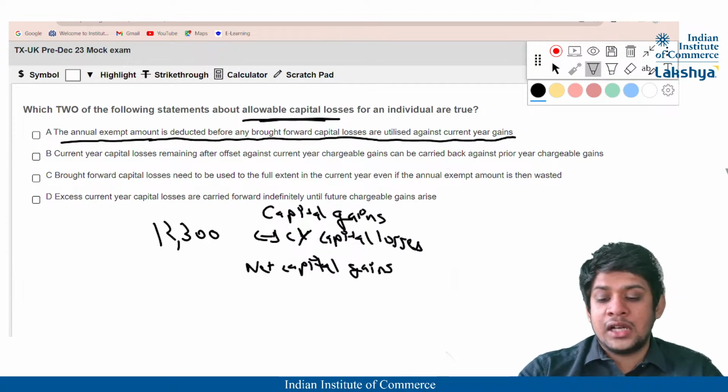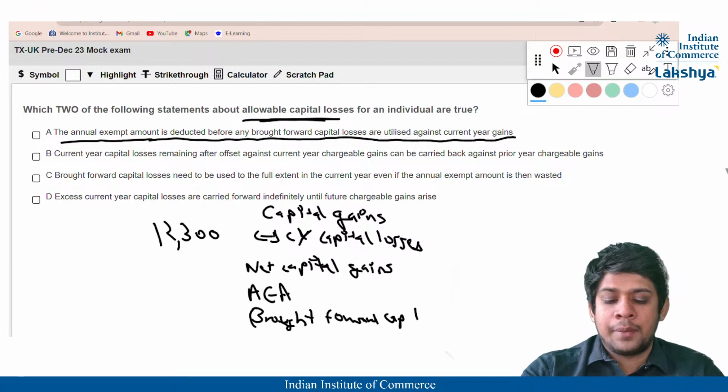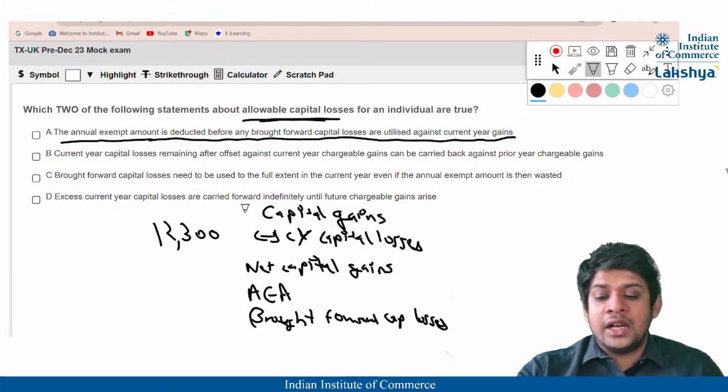From that, the first thing that you deduct is your AEA, annual exempt amount. After that, you will deduct your brought forward capital losses. That means the capital losses of the previous year, which need to be adjusted with the current year. So technically, this is the whole pro forma.